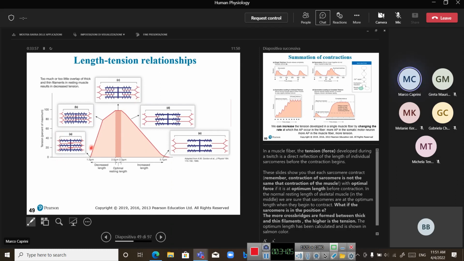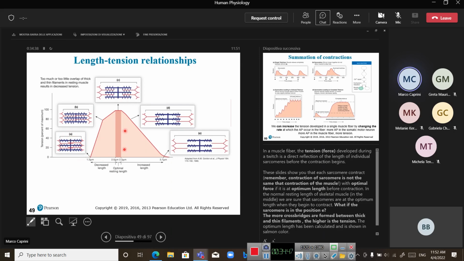Why can this muscle produce here a high tension, a high force, and here it is not possible? Just because the myosin head and the actin portion here are in the best condition to produce the power stroke. Here, the myosin head and the actin protein are completely overlapped. So here, I cannot produce tension.